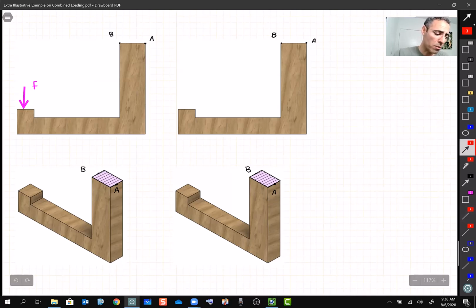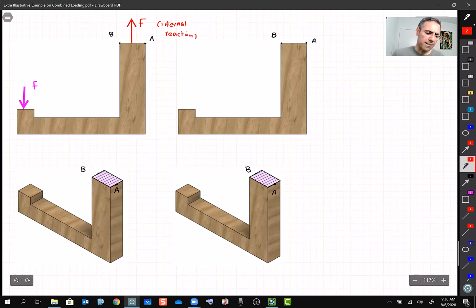There is no choice but to have a load F there to balance it. Otherwise, things start moving down, but we are in static equilibrium and things have to stay there. So we have to have an internal load, an internal reaction.